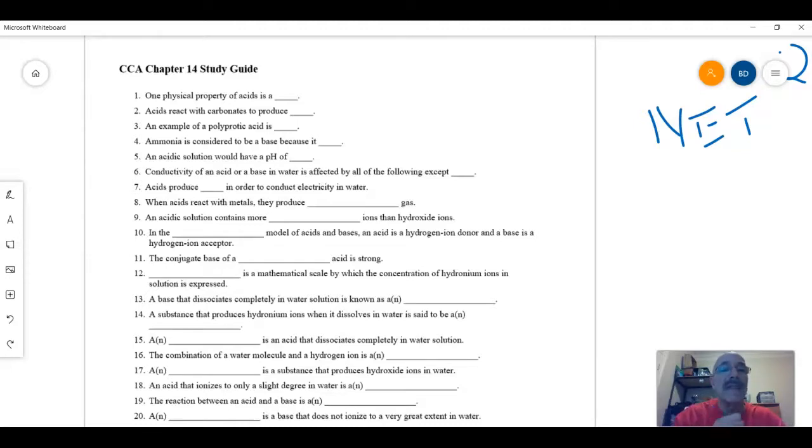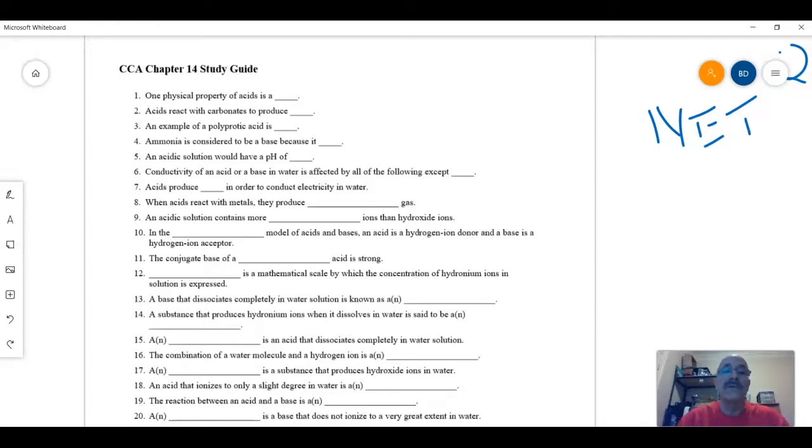Number 3, an example of a polyprotic acid is. Okay, Abby. Very good. You could either say H2CO3 or you could say carbonic acid. You could also pick H3PO4 or H2SO4. And there's 3 of them that I had you memorize.